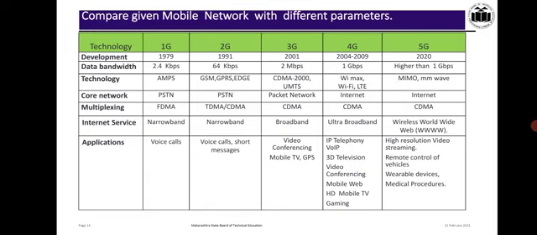Third generation, video conferencing, mobile TV and GPS. The fourth generation, IP telephony, 3D television, video conferencing and so on. And the fifth generation is used in high resolution video streaming, remote control of vehicles, wearable devices and medical procedures. So this is the comparison of mobile networks with respect to the different parameters.